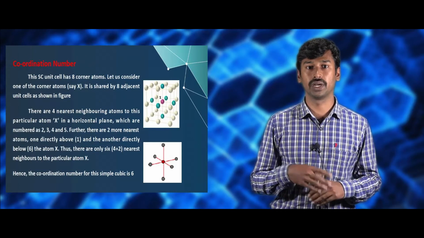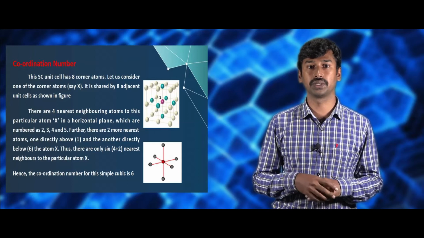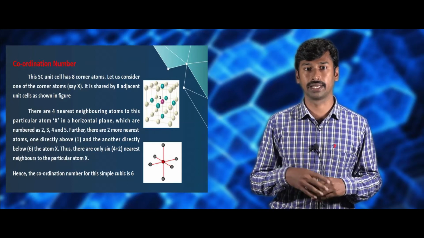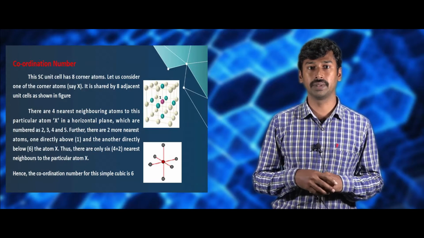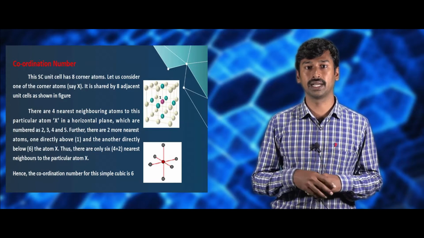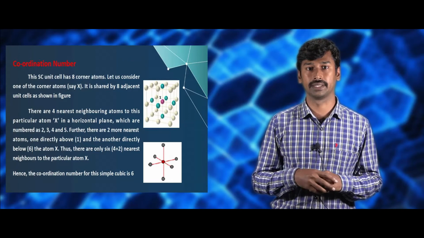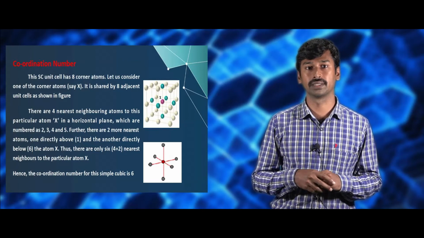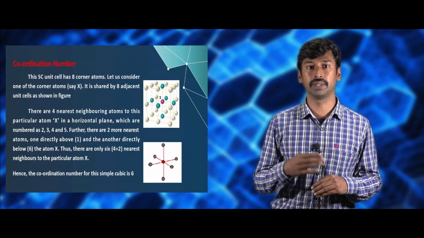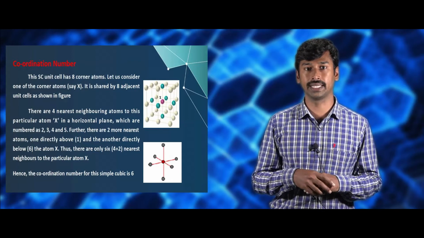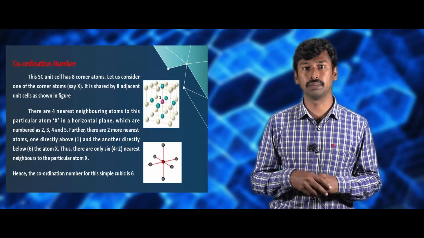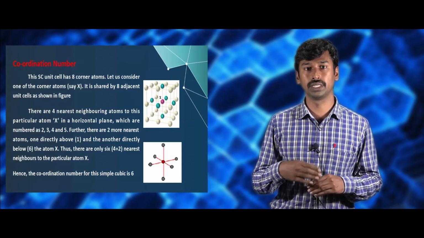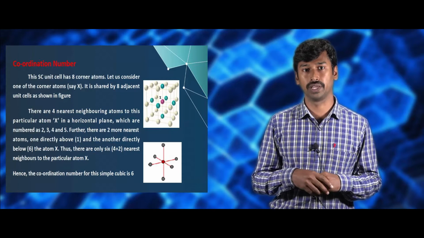Now we see the coordination number. The simple cubic unit cell has 8 corner atoms. Let us consider one corner atom, which is shared by 8 unit cells. Let us call this corner atom X, which is shown in this figure. There are 4 nearest neighboring atoms for this particular atom X, which lie in a horizontal plane, numbered as 2, 3, 4 and 5.